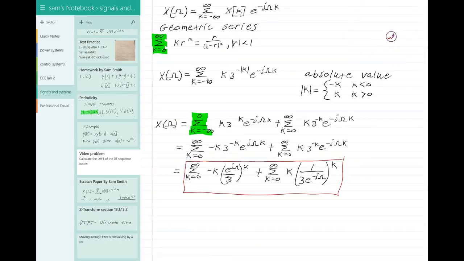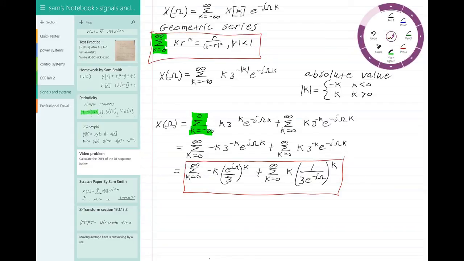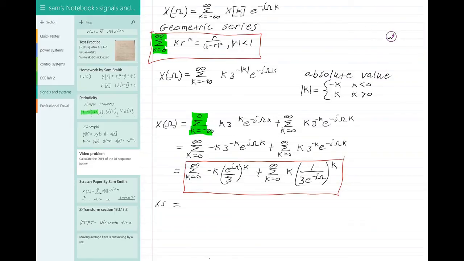So now that I've simplified my series to match the geometric series, we can go ahead and use the geometric series that I've written to come to our answer.